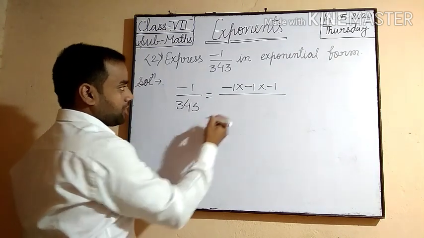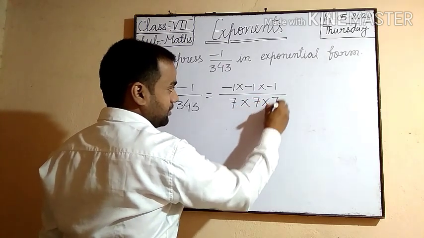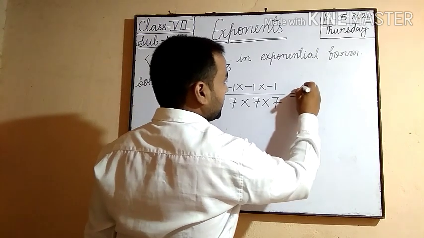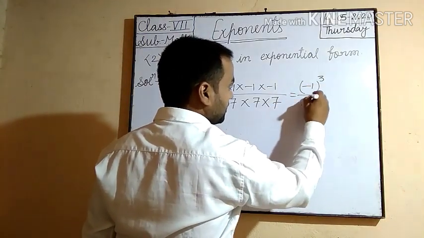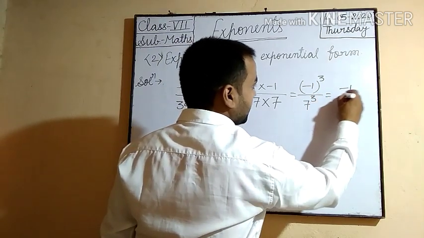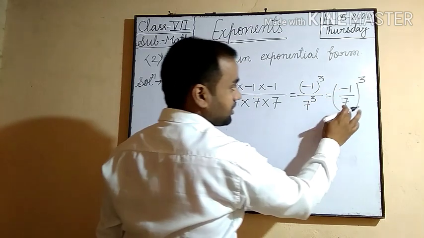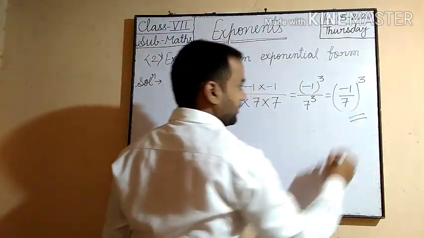Factorize 343: 7 into 7 into 7. Lastly we get -1 power 3 over 7 power 3, and we write it this way: (-1/7) power of 3. This is called exponential form. This is your required answer.